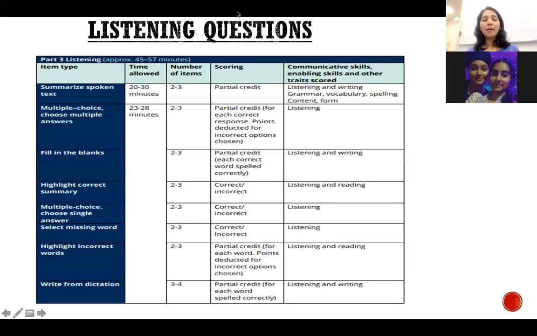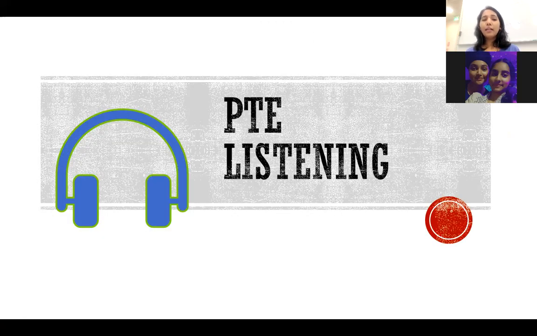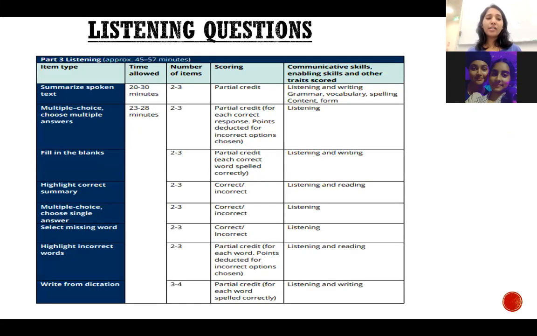Can you guess how many question types there are in your listening? Ma'am, 8. There are 8 different types of questions in your listening, and your listening is divided into 2 sections. Section 1 has one question type, which is called Summarize Spoken Text, and section 2 has 7 other different question types.